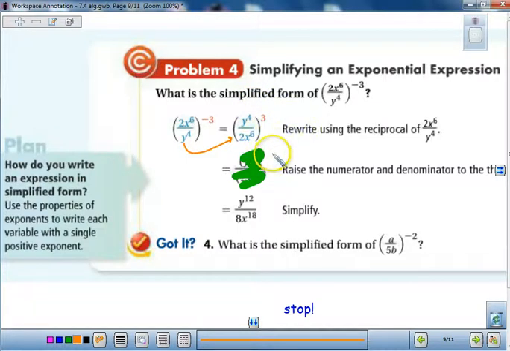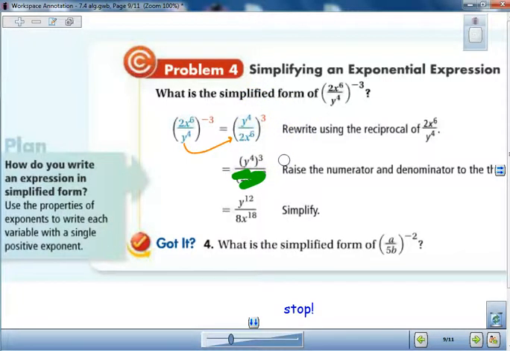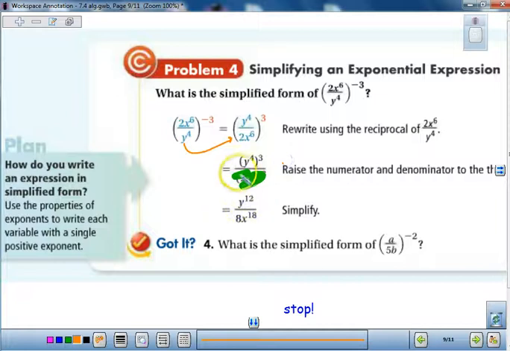Now we're going to raise our powers. y to the 4 times 3 gives us y to the 12. In our denominator, we take 2 to the third, and then multiply x to the 6 times 3. That's how we got 8x to the 18. Please try this one, and we'll see you tomorrow in class.